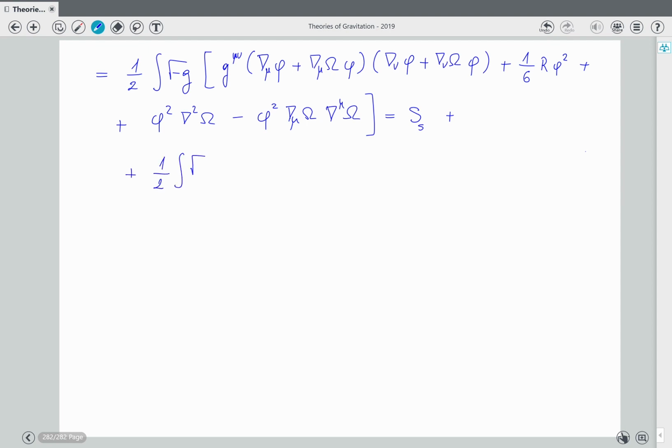Let's see. So we have a double product, which means 2 del mu phi del mu omega phi, plus phi squared del squared omega.